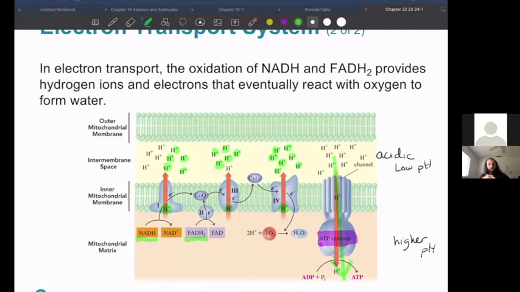Right? So you have all these different electron transport chain enzymes that are creating this concentration gradient. And then you have an ATP synthase, which is harnessing that concentration gradient to generate ATP. Okay, that's the basics of the electron transport chain. That's how NADH and FADH is used to create ATP.